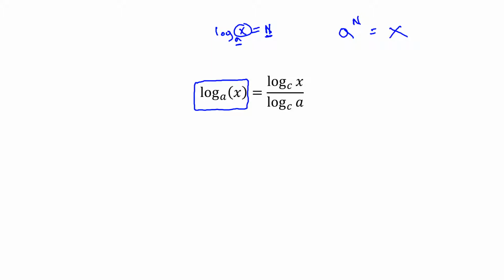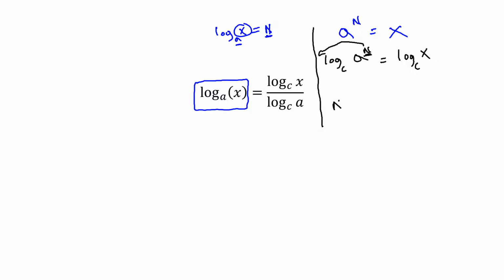Let's say we took logs on both sides, but let's change the base. Let's say this time log base c of a to the n, and that has to equal log base c of x. Remember the power rule for logs. We can just take this and put it in the front.